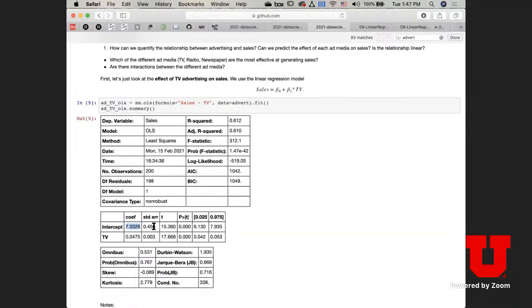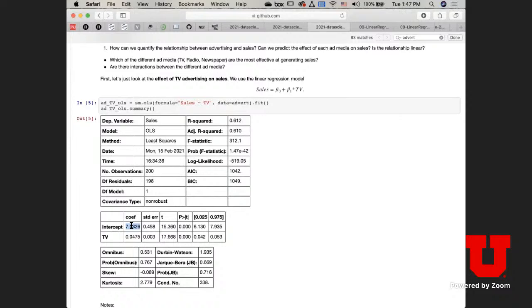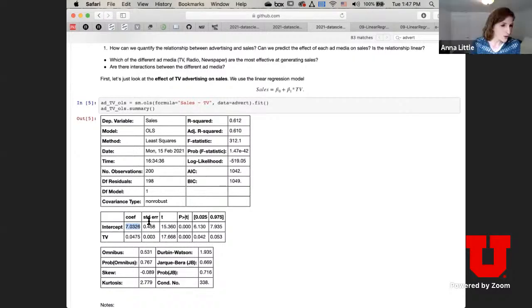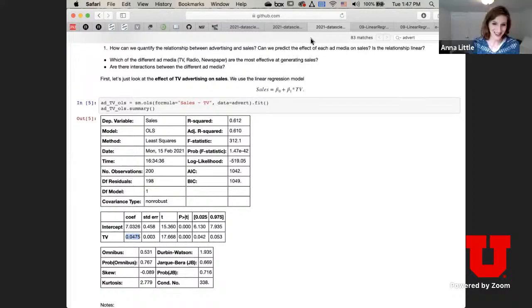So you want to look at the coefficients column. The coefficients column tells you what the coefficients should be to actually write down the equation. The coefficient of the intercept is B naught. Is the standard error the B1? No, B1 is not the standard error. B1 is the coefficient of TV, the number right below the one you highlighted. Okay, I see. Thank you so much. You're welcome.